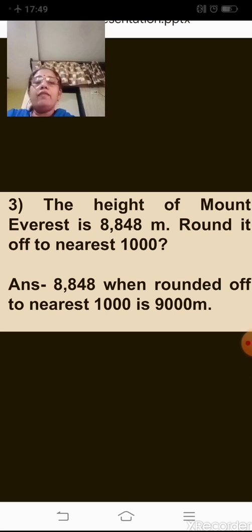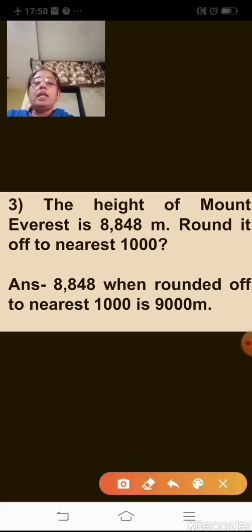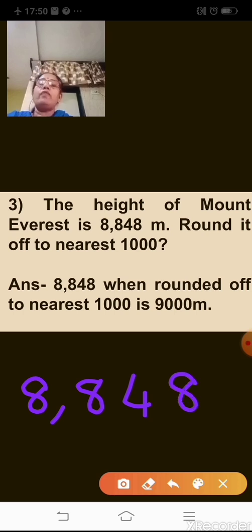Now children, when we round the number to the nearest 1000, the number is 8848. What is our rule when we round off numbers? When we want to round off the number to the nearest 1000, we have to see the number in the hundreds place. The number in the hundreds place is 8. You will underline that number.